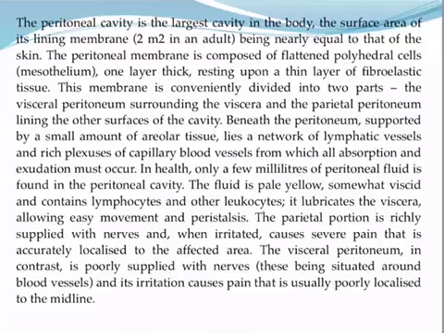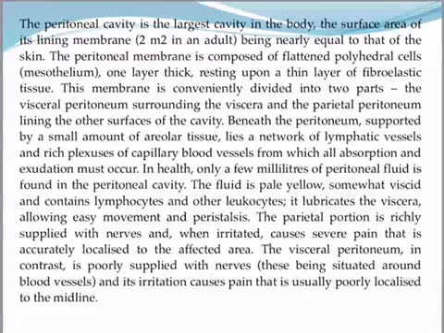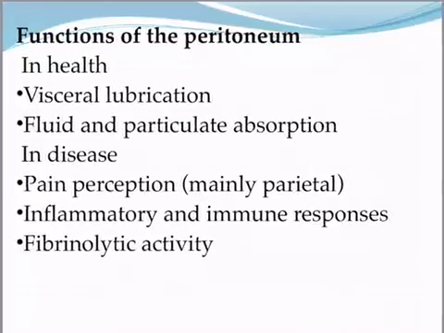The parietal peritoneum, as we said, is richly supplied with nerves, so the pain arising in the parietal peritoneum is usually localized and severe, while visceral pain is poorly localized and dull rather than severe, and usually referred to the midline, epigastric, periumbilical, and suprapubic area.